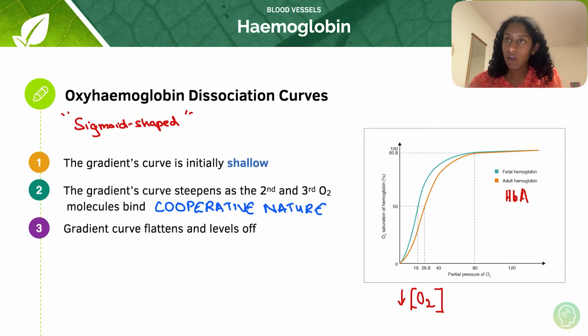Now, at higher partial pressures of oxygen, our oxygen saturation of haemoglobin is higher. So remember, this is in the alveoli, whereas the lower partial pressures of oxygen are found in respiring tissues.